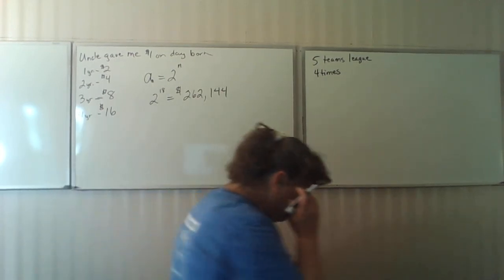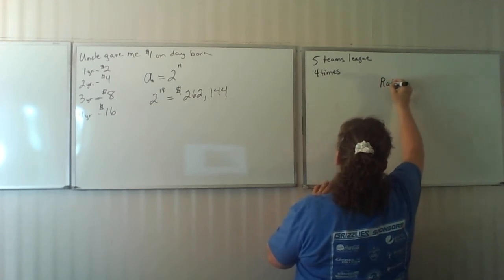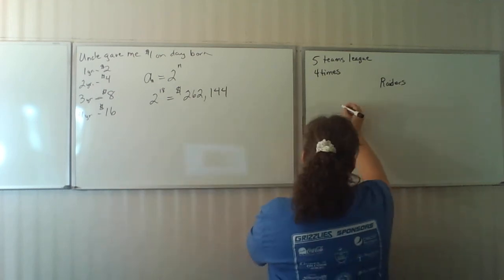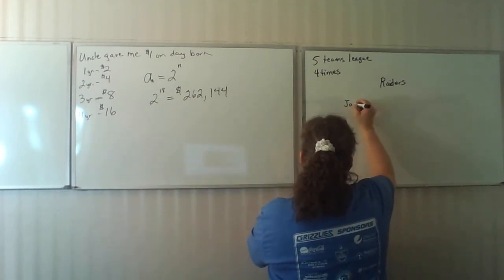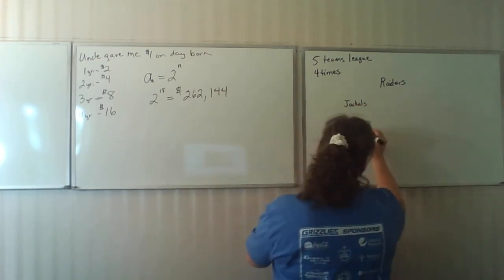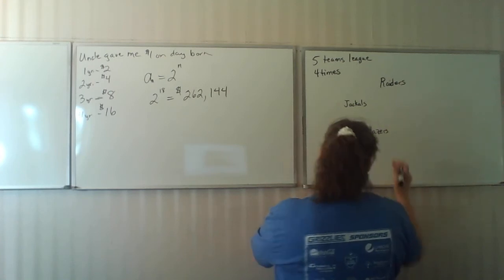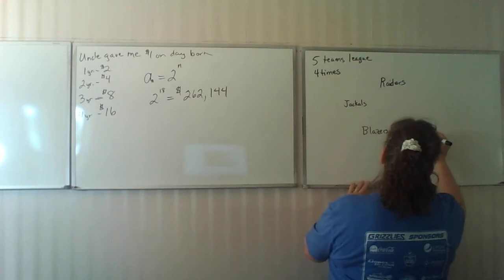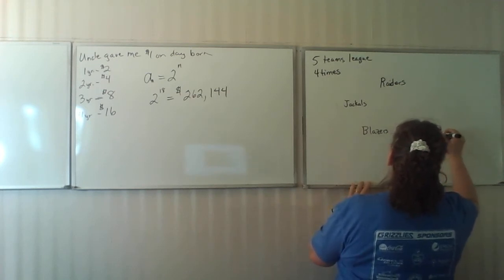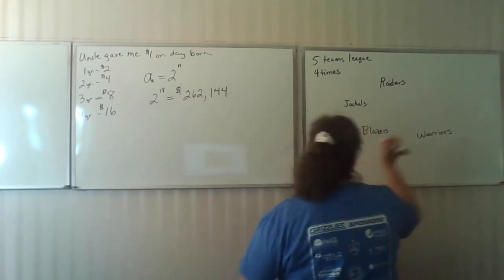So let's look at what this might be. So let's start. We've got the Raiders, and Jackals, Blazers, Warriors, and our last team is the Eagles.